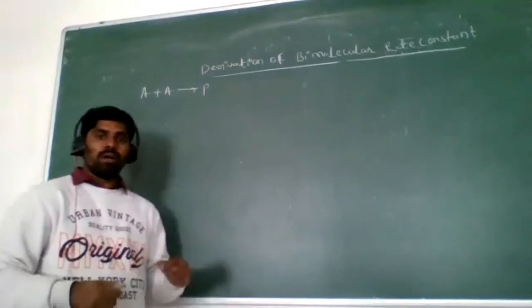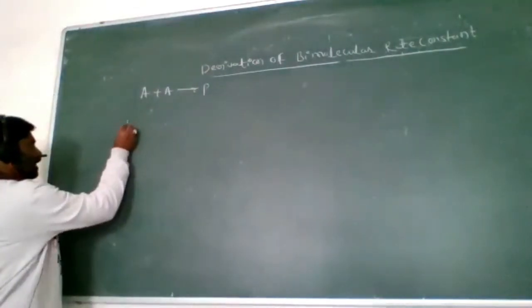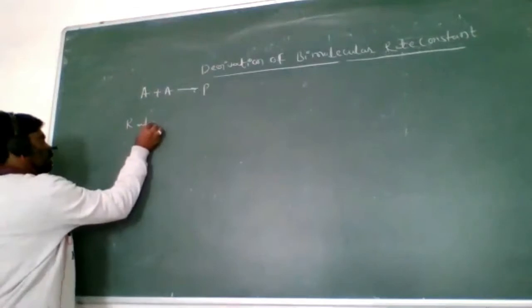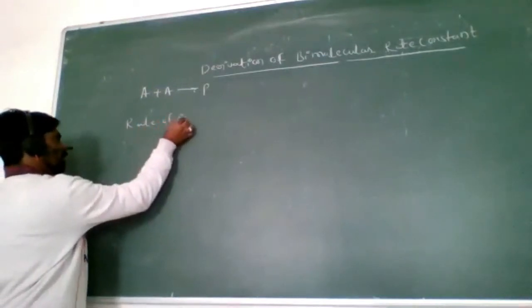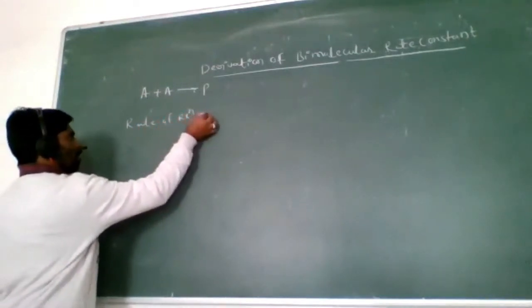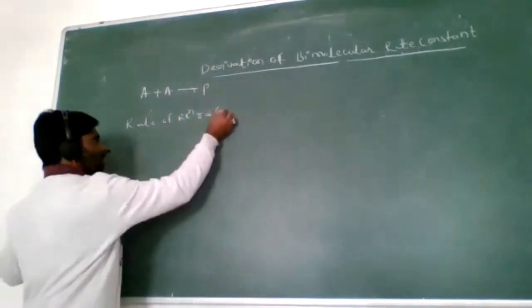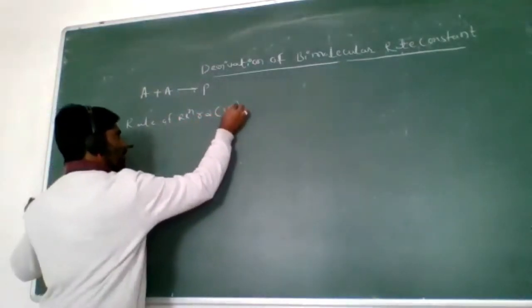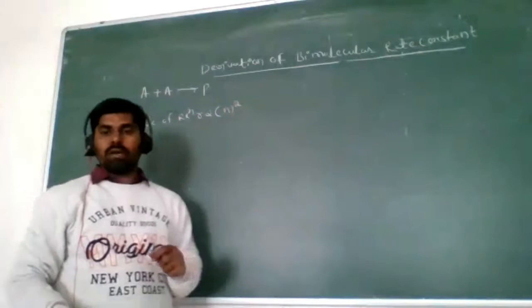Now I write the rate of reaction, small r, for the number of molecules per unit volume.